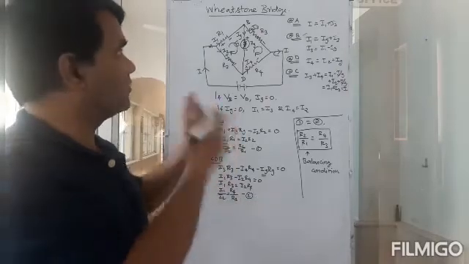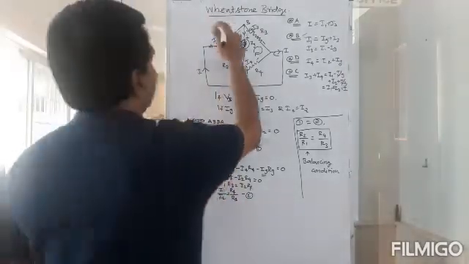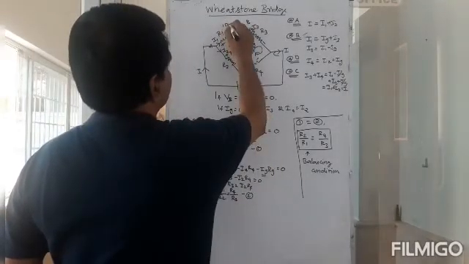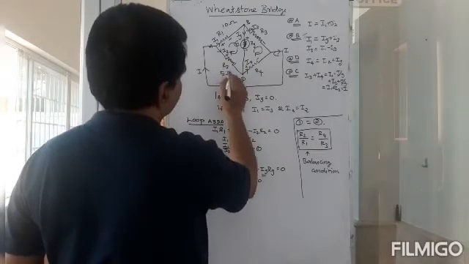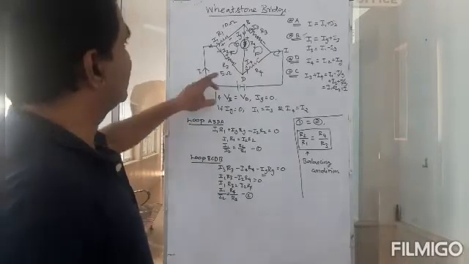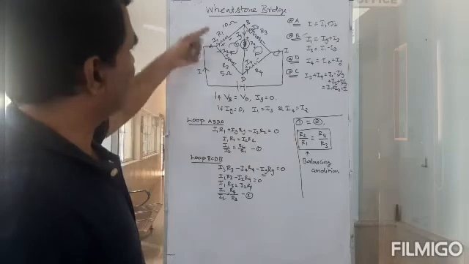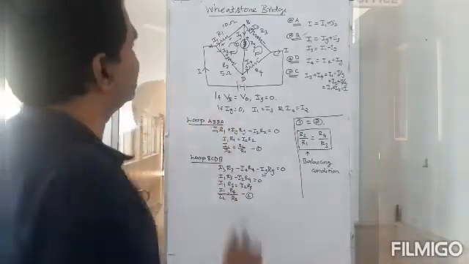So let me try to give some numbers. For example, let's say R1 is 10 ohms. Let's say R2 is 5 ohms. Now what do you have here? R2 by R1 is 5 by 10, or R1 by R2 is 10 by 5. Doesn't matter, either is fine. Then that must be equal.